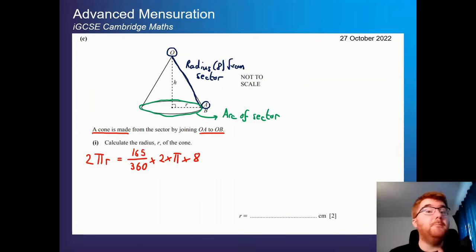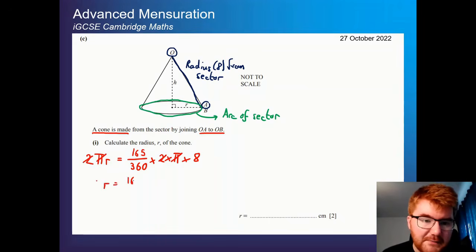That came from part A of the question. Now we can do lots of cancelling here, which is amazing. We can cancel out the pi's from both sides. We can also cancel the 2's from both sides. And then r just drops out to be 165 over 360 times 8.